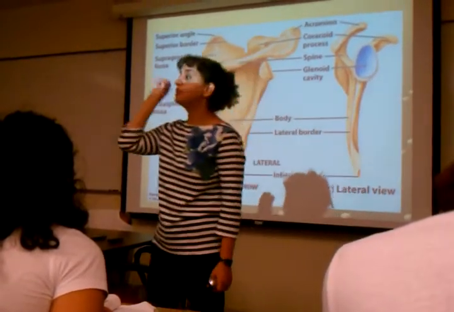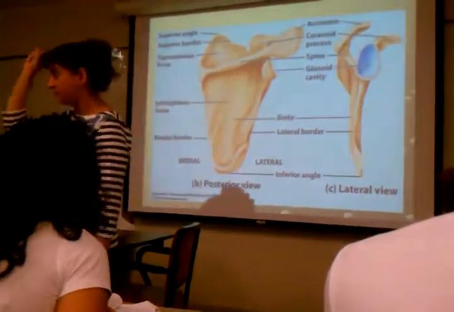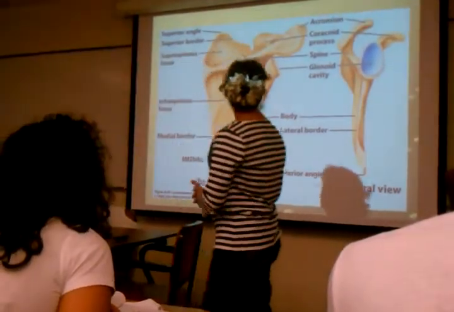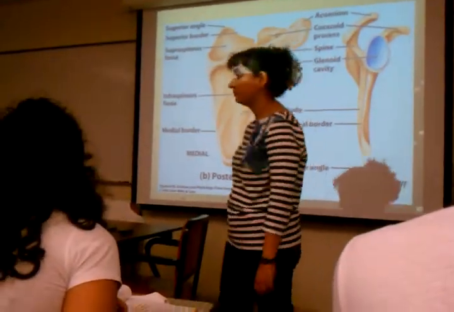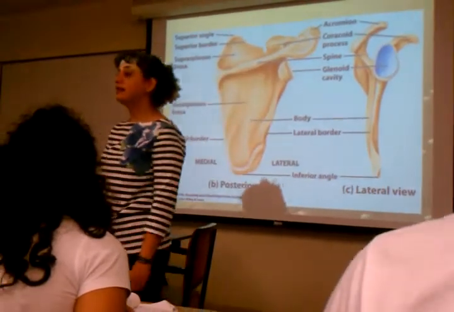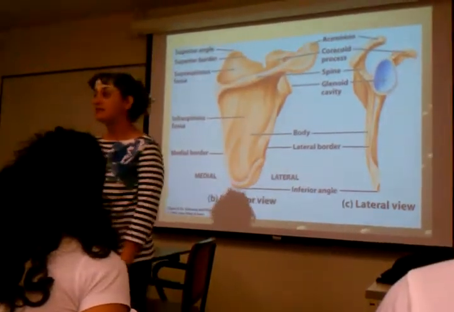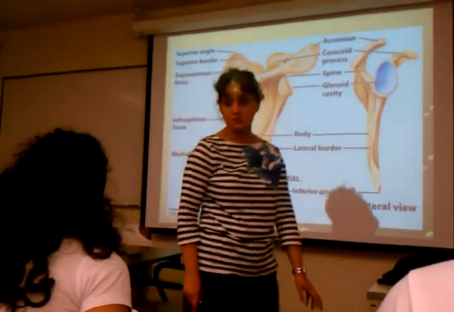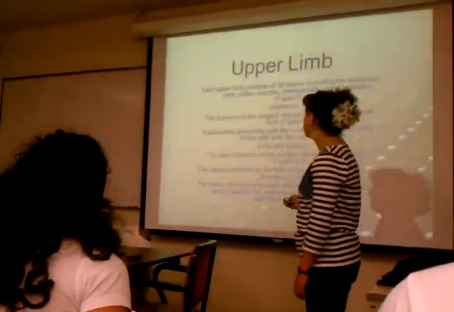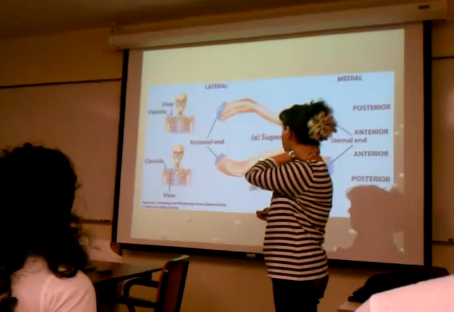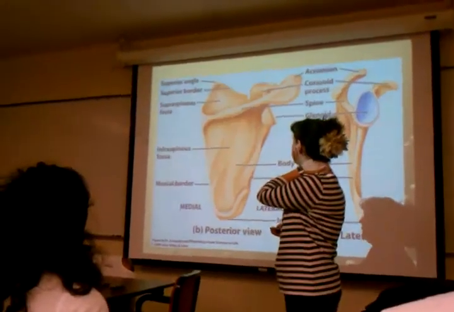It receives the head of the humerus. This process is called the coracoid process. It connects to muscles and tendons, but not other bones, right? So this is the scapula. It makes the posterior part of the pectoral girdle.